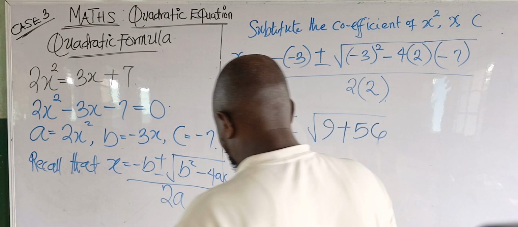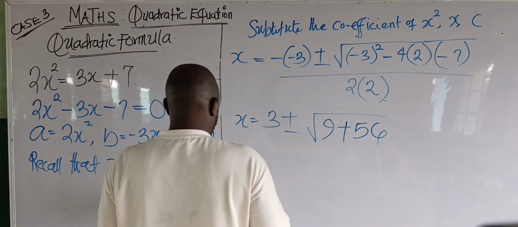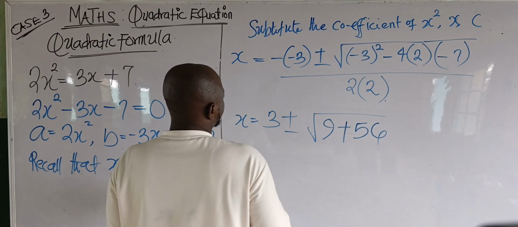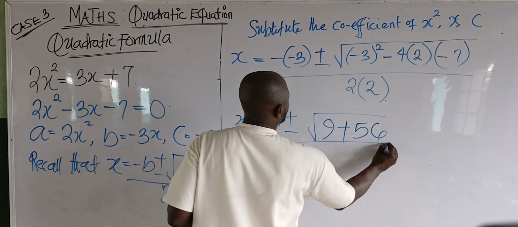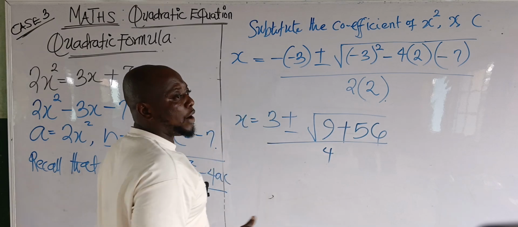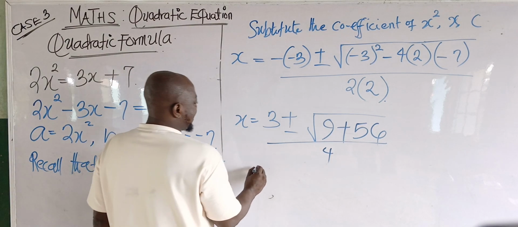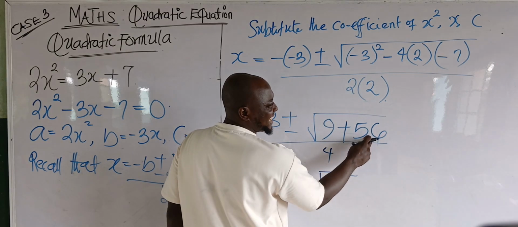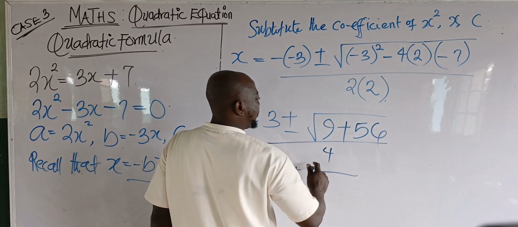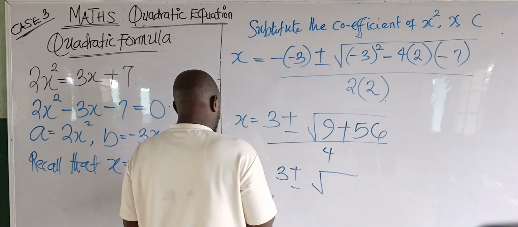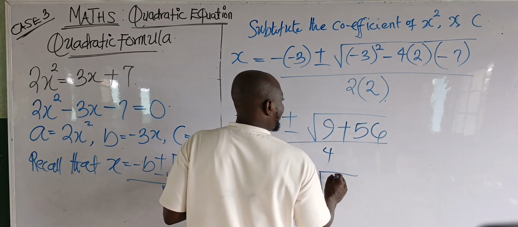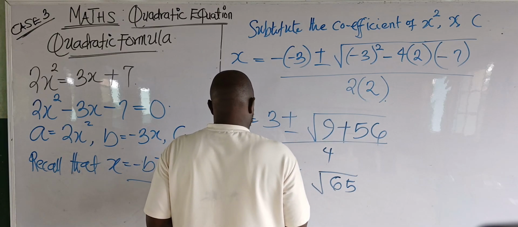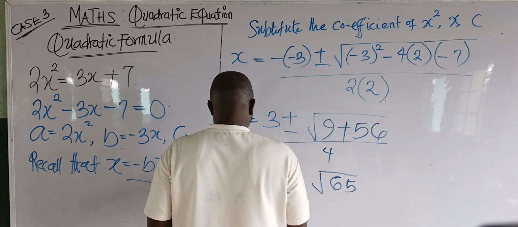Now, what is the next thing we'll note? Remember, we have this under here, so this will give us 4. I can now take this one and add it up: 9 plus 56 gives us 65.